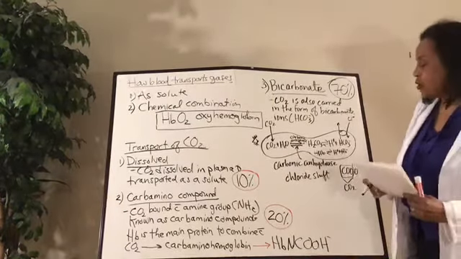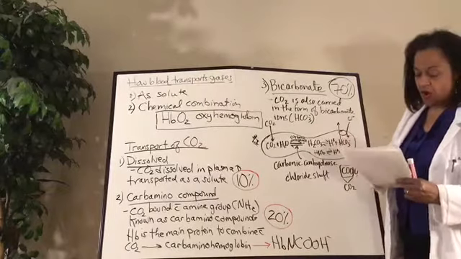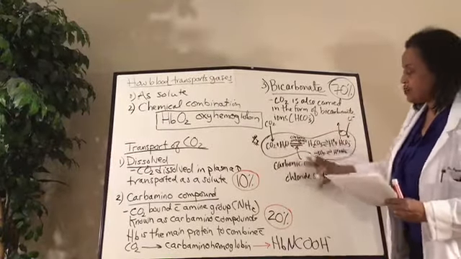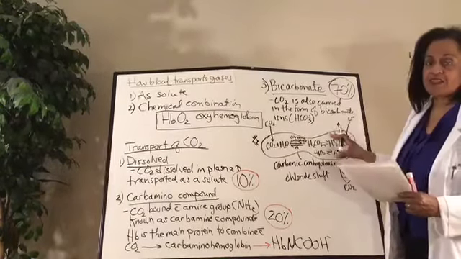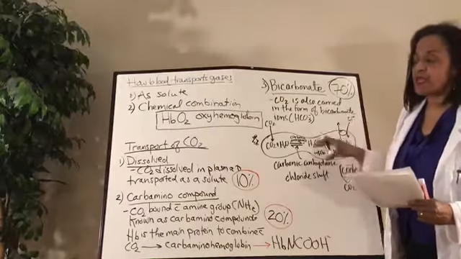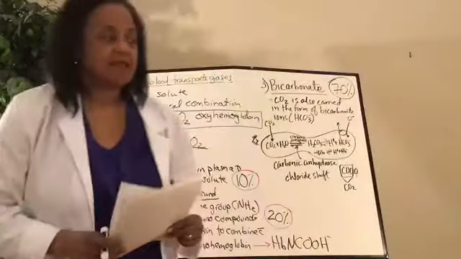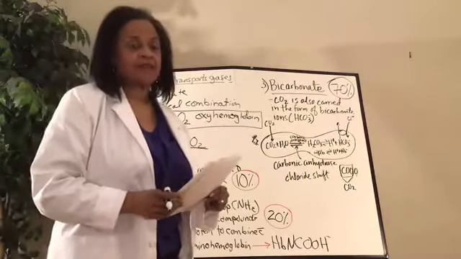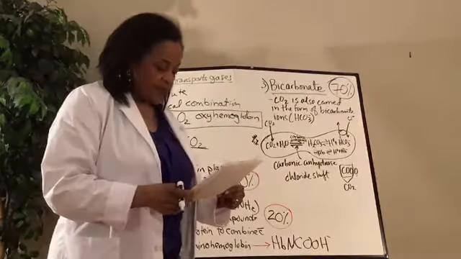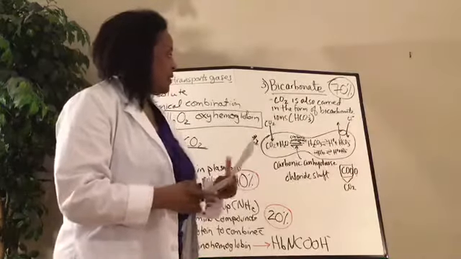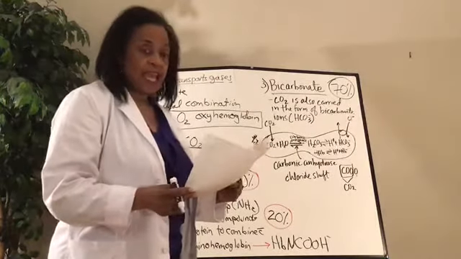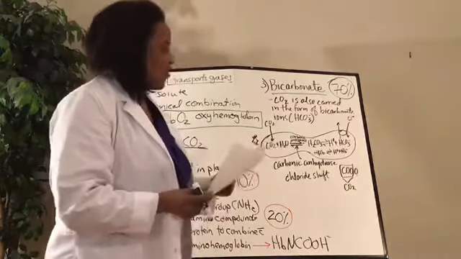Now what I'm going to do is write all of this up here to explain what's going on with this red blood cell. That will actually be the last slide on this tape. It'll explain this red blood cell and what's going on in words other than just a drawing.